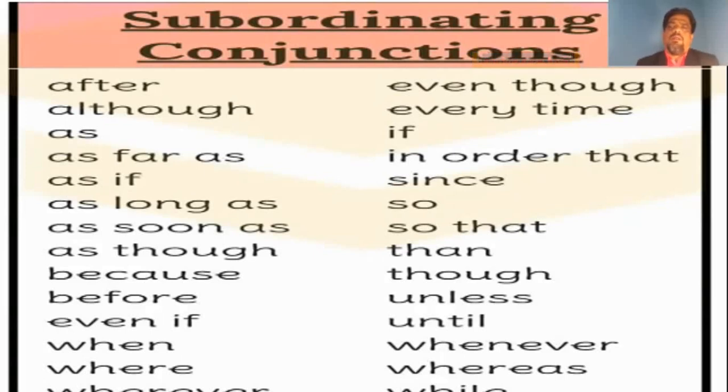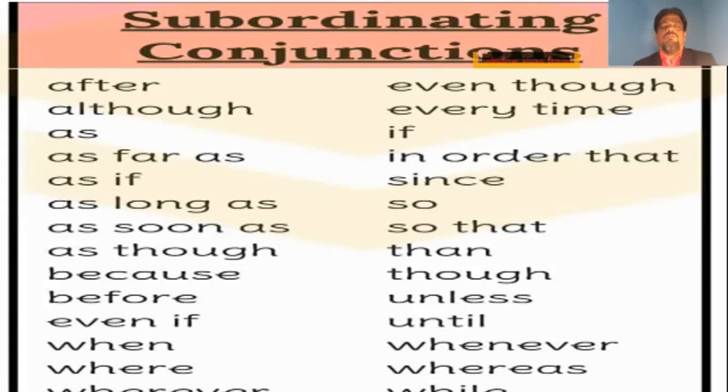If they are neither coordinating conjunction nor paired conjunction, which we call correlative conjunction, then definitely that conjunction, which works as a joining word, is a subordinating conjunction. That way you can easily recognize what kind of conjunction the word used here is. These are the most commonly used subordinating conjunctions: after, although, as, as far as, if, as long as, as soon as, though, because, before, even if.